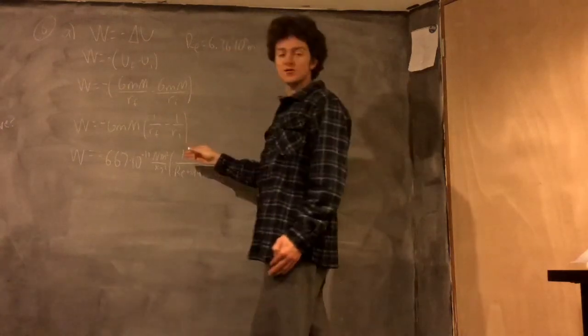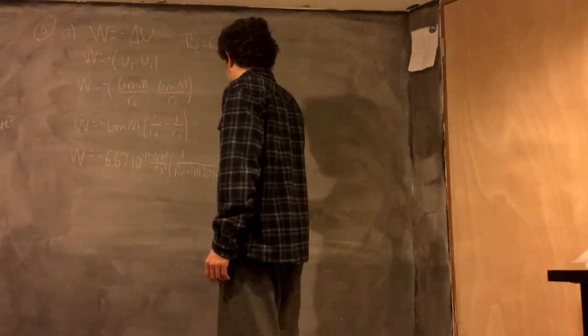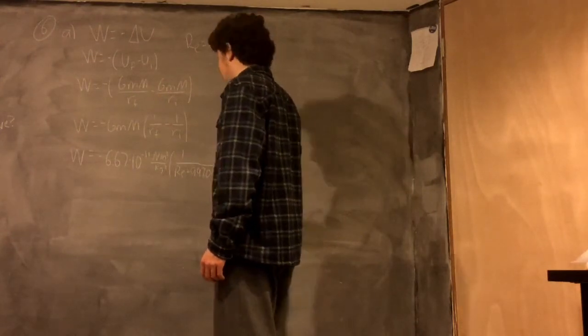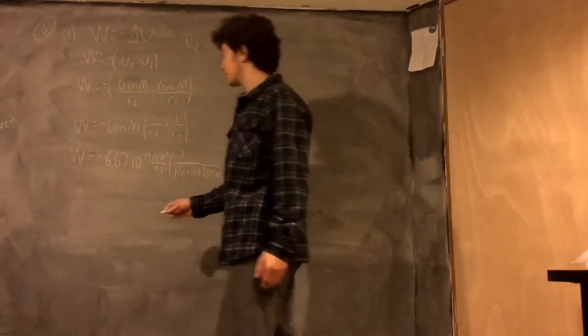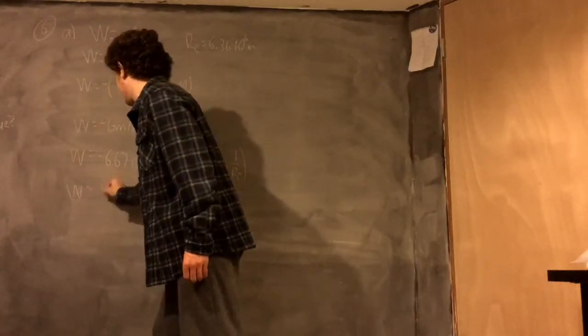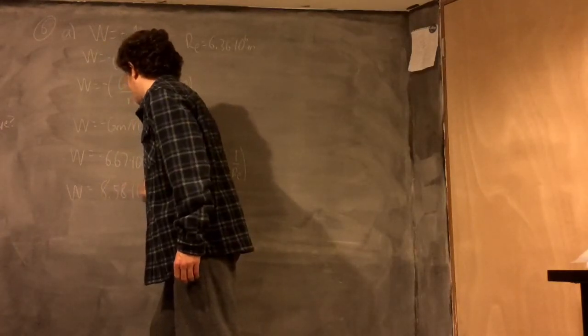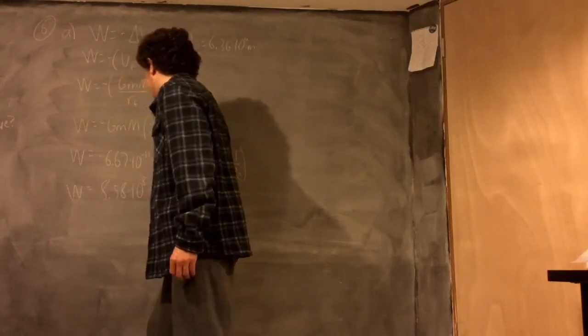And then the initial radius is just going to be the radius of the Earth. Plugging this all into a calculator yields a work of 8.58 times 10 to the 8 joules.